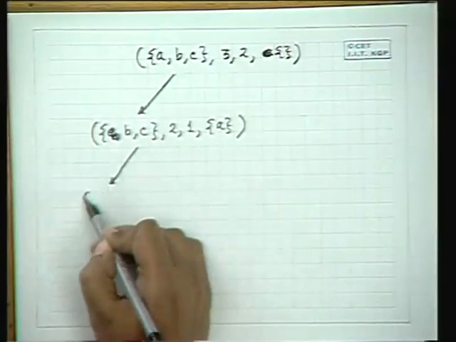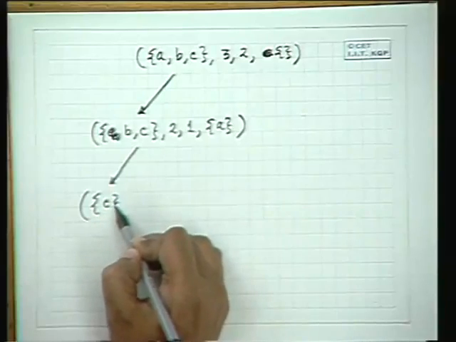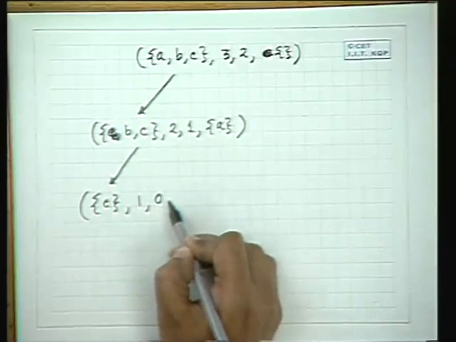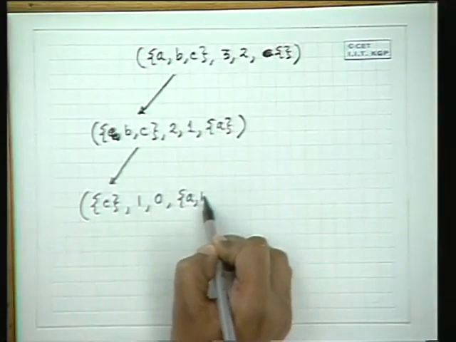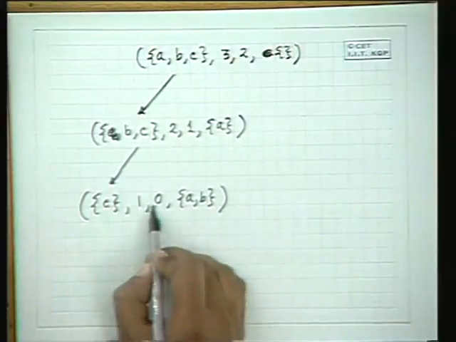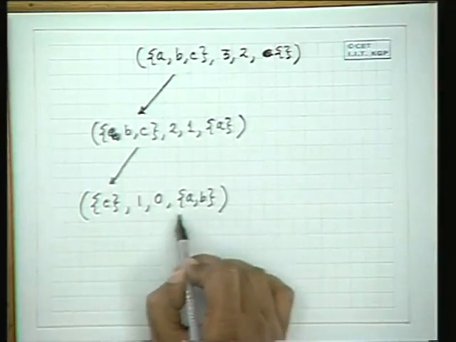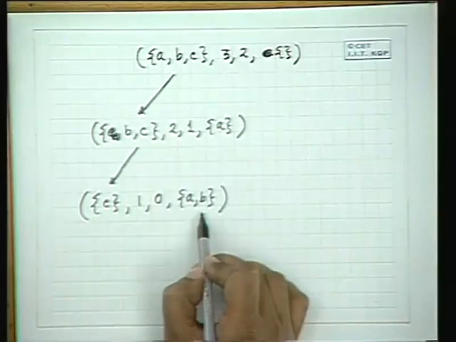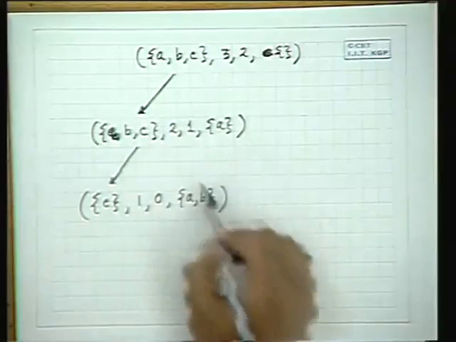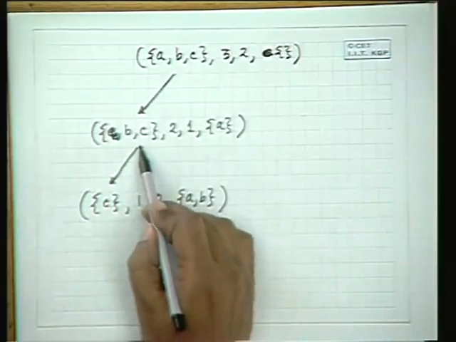Here C, 1, 0, A, B. And once this is 0, at this point you just print this. Next time it will come out here, print and return, you don't have to return any value.